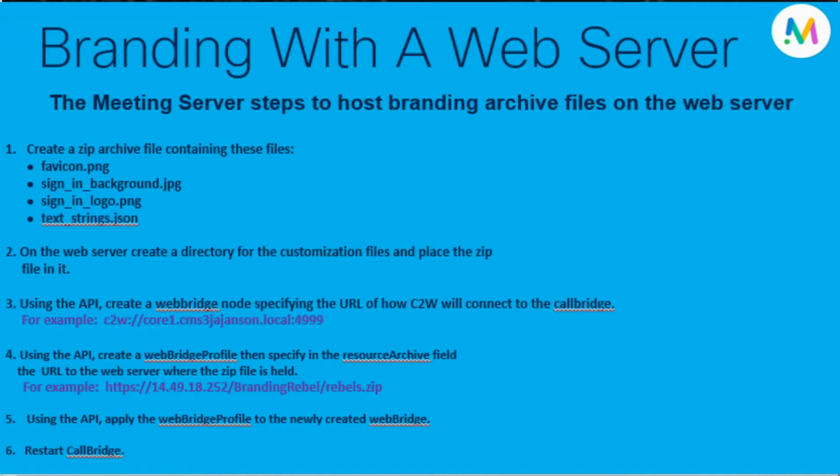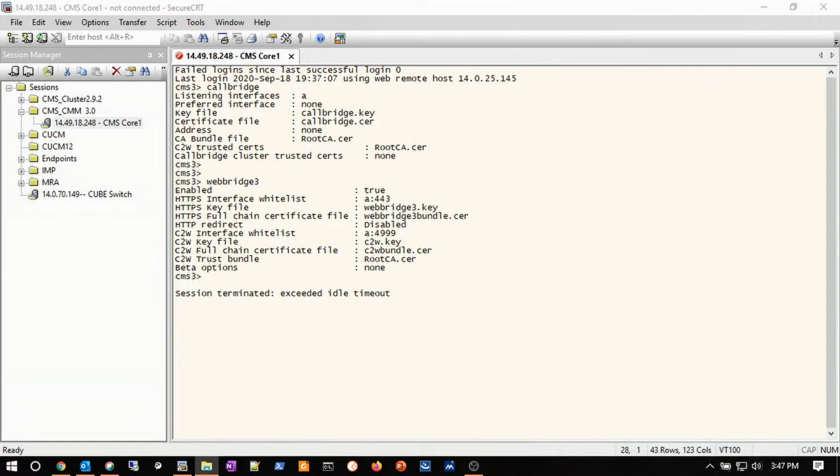Using the API, create a WebBridge node specifying the URL of how C2W protocol will connect to the call bridge. For example, c2w://core1.cms3jajansen.local:4999 will connect me to my call bridge. If we look at my command prompt for a moment for CMS Core 1, we see that we've already prepared a call bridge and a WebBridge 3.